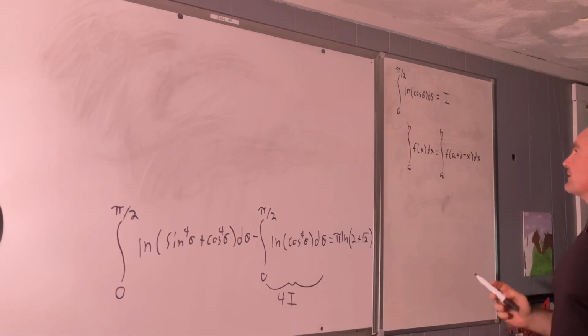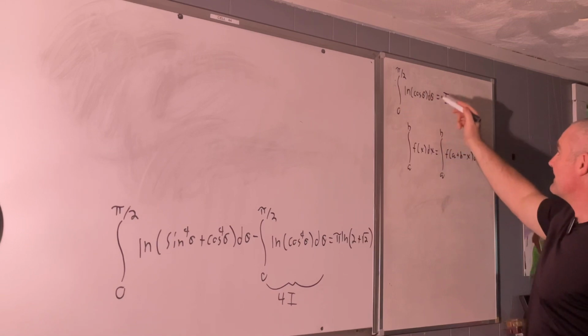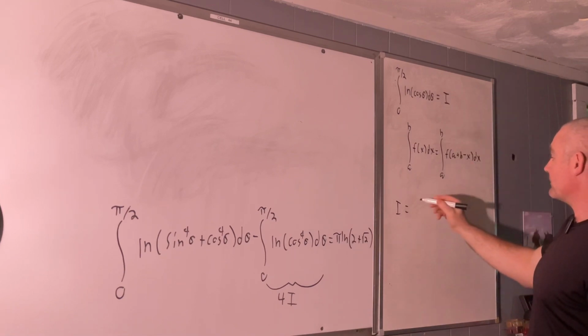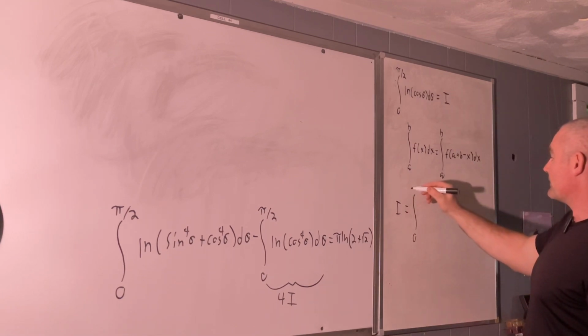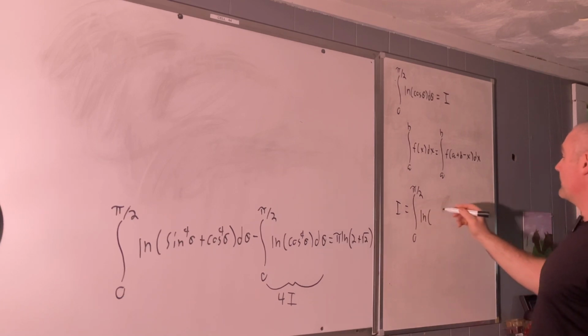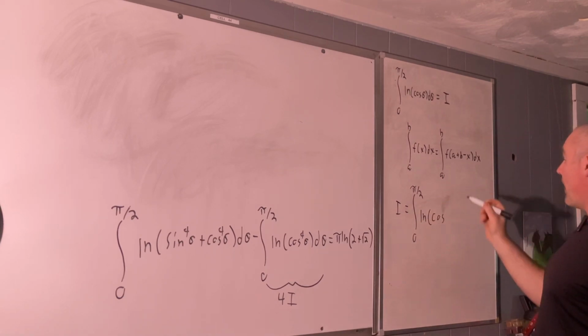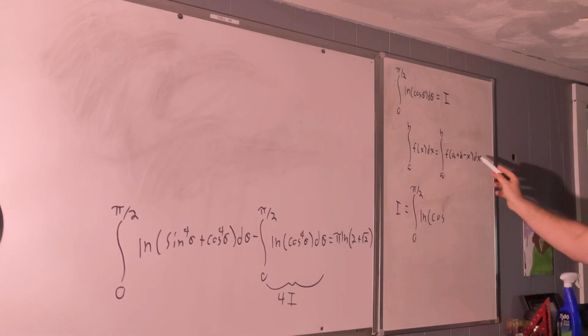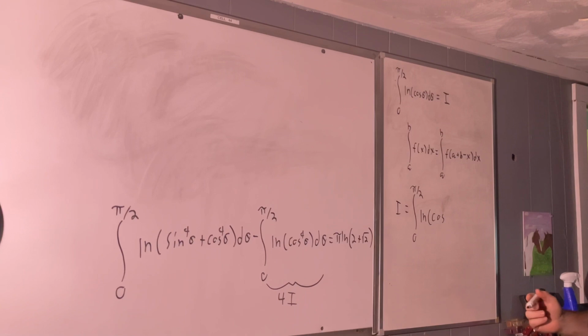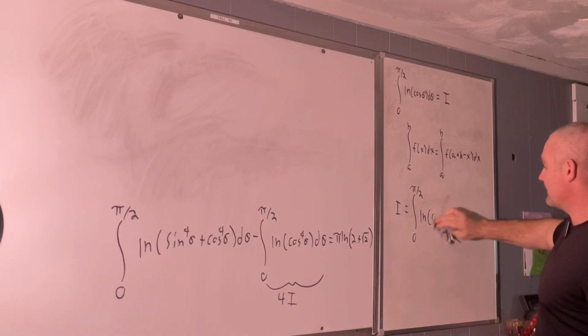Okay, so what does that mean for this? Well, if we apply King's property, I will also be equal to the integral from 0 to pi over 2 of the natural log of cosine of a plus b minus x. That would be pi over 2 plus 0 minus x, in other words, pi over 2 minus x. The cosine of pi over 2 minus x is sine of x.